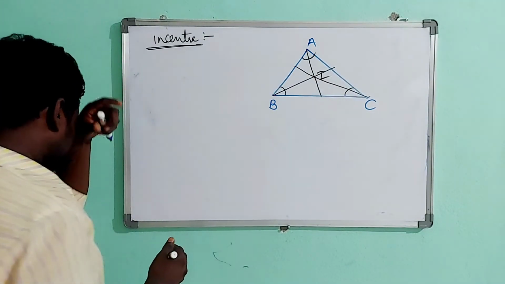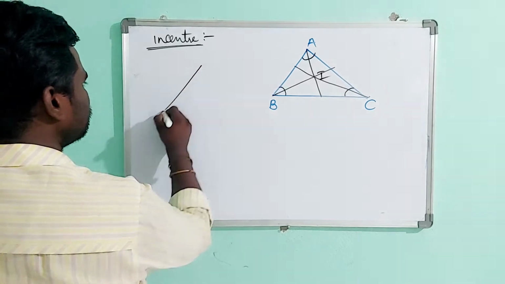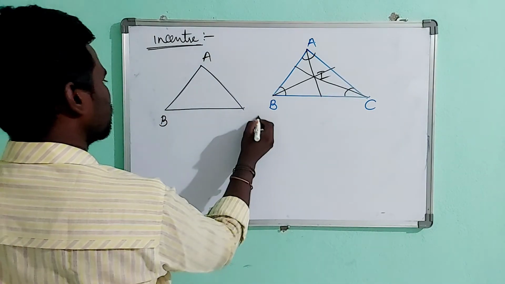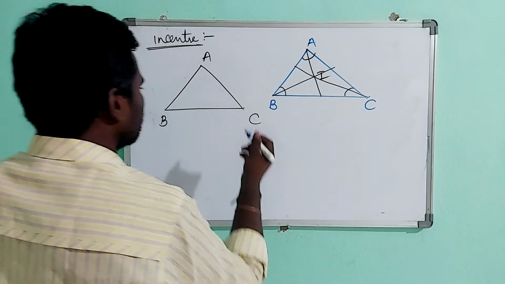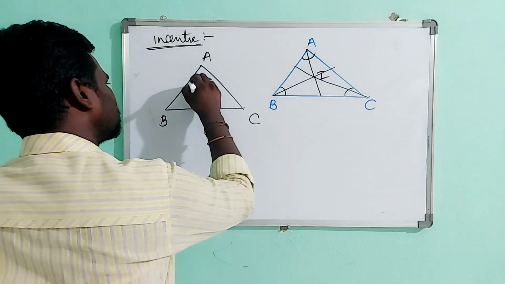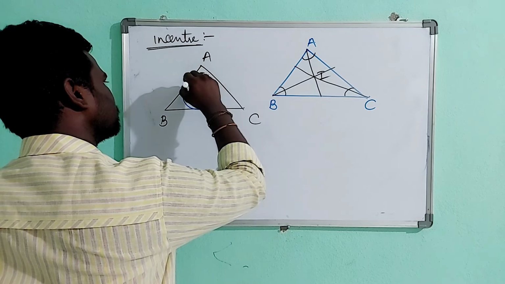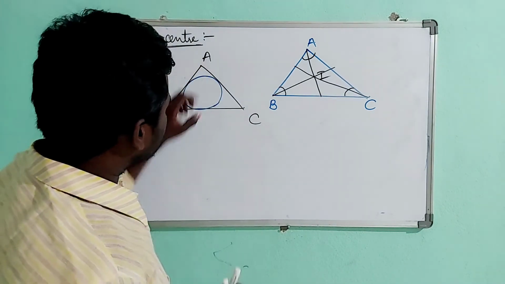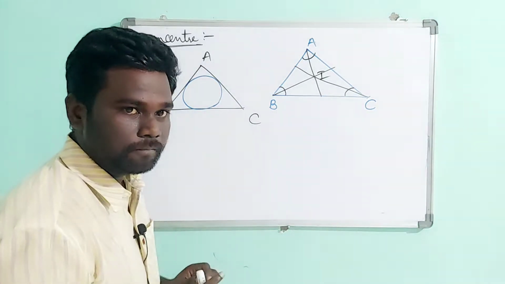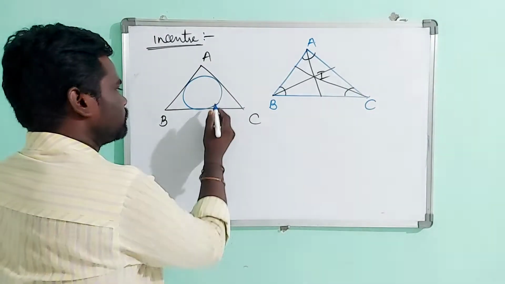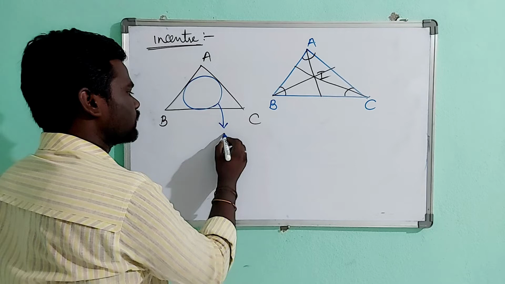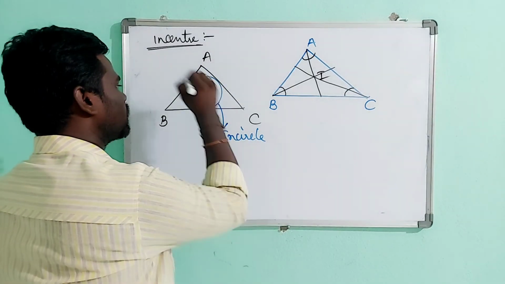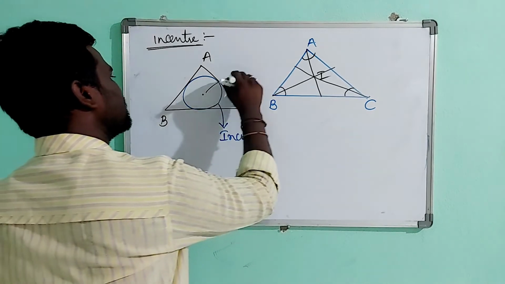Here is one more definition. In any triangle ABC, the circle which touches all the three sides of the triangle is known as the Incircle, and the center of the circle is called the Incentre.